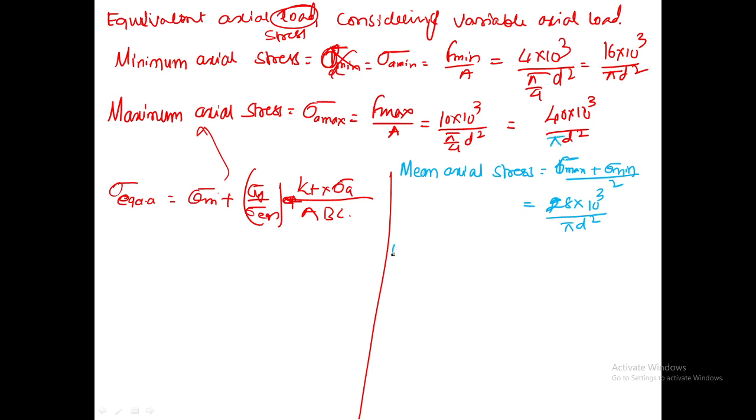Next, variable or amplitude stress. Now sigma a equal to how much it is, 40 minus 16, it's 24 divided by 2. I think you are going to get 12 into 10 to the power of 3 divided by pi d square. Okay.